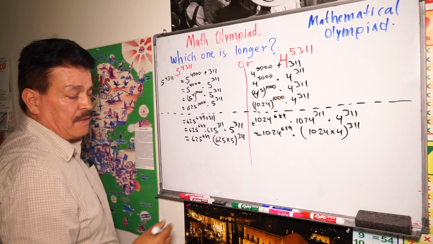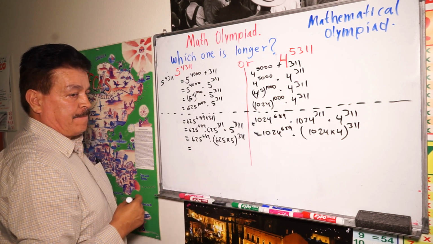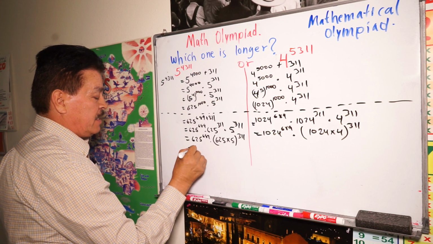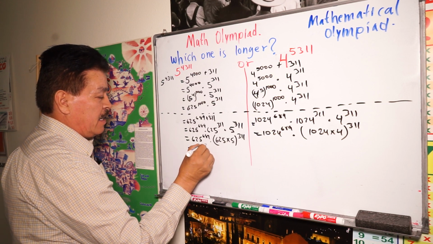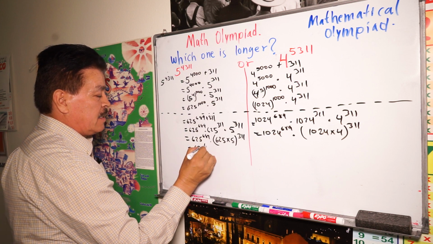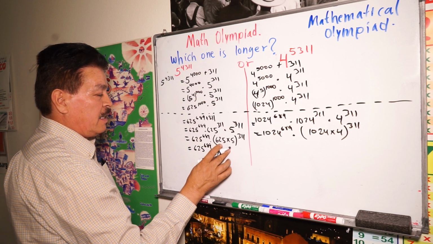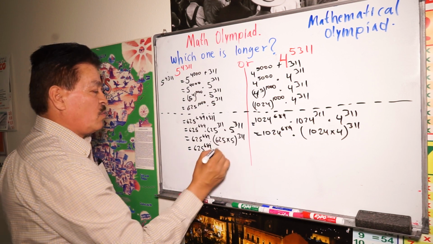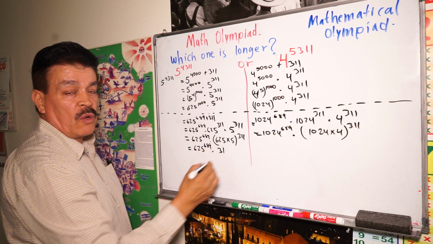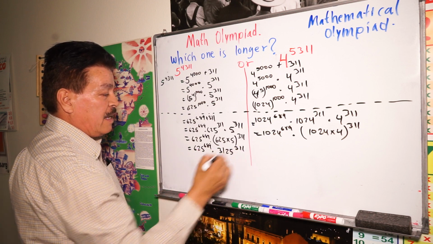So now our conclusion here: you simplify, we want to have 625 to the 689 times, you multiply these 5 times, it's going to be 25 to the 311, right?